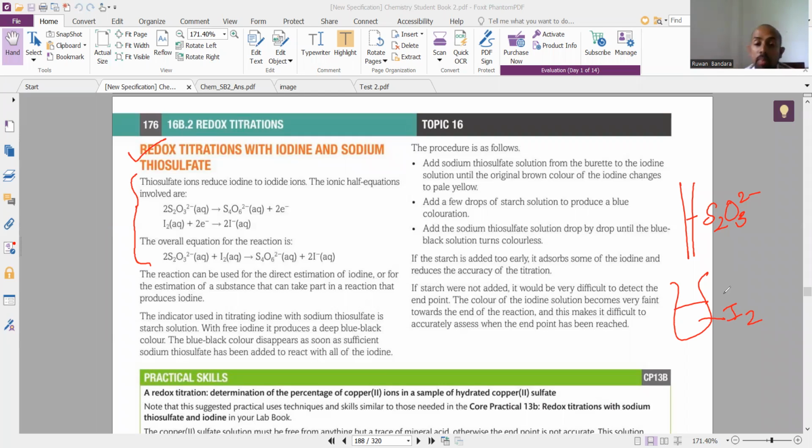So the color change is blue-black to colorless. But you should know why you are not adding starch at the beginning, at what point you have to add the starch, and what the color change is. And why can't you do the titration without starch? Is that clear?